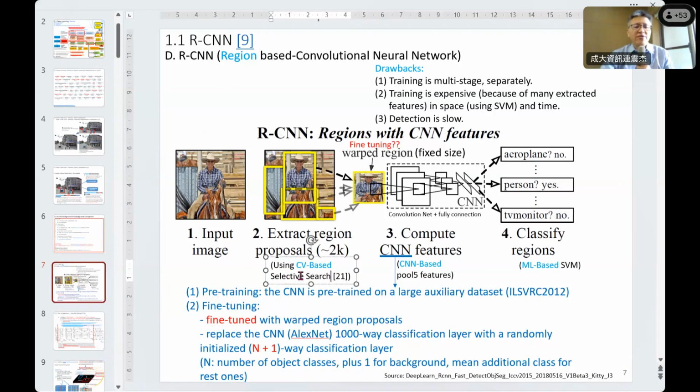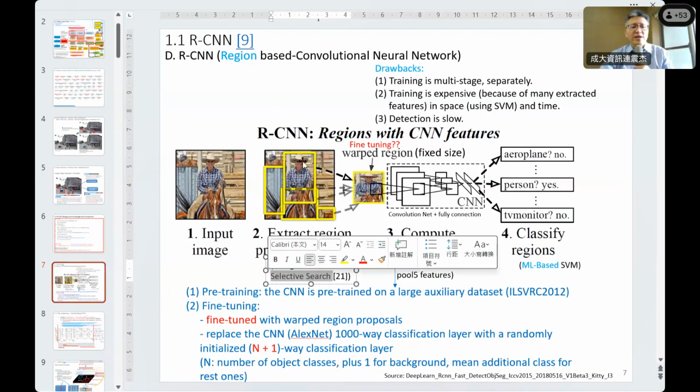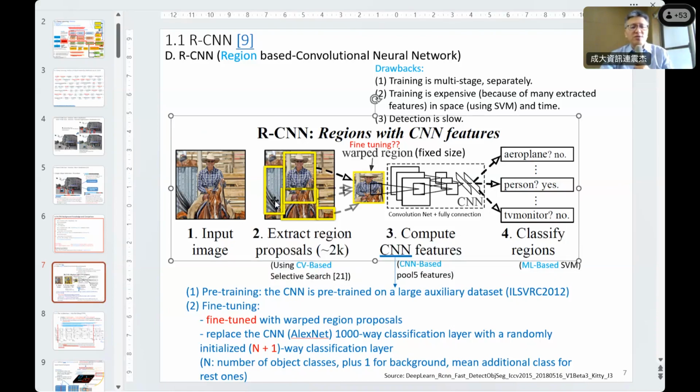This method called selective search can do the object detection. For each object, we normalize to the same size, and based on the same size we can use SVM for classification.